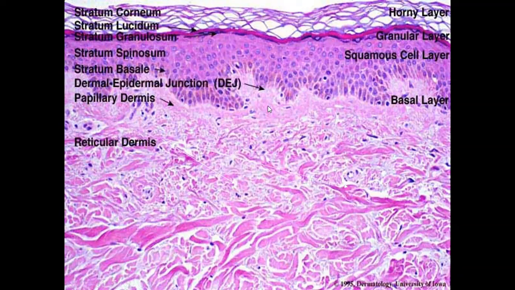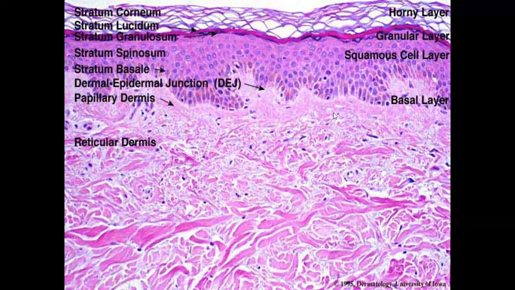The portion of papillary dermis that goes into the epidermis is called the dermal papillae, and the portion of epidermis that goes into the dermis is known as the rete ridges. So remember, the rete ridges are from the epidermis and dermal papillae are from the papillary dermis.